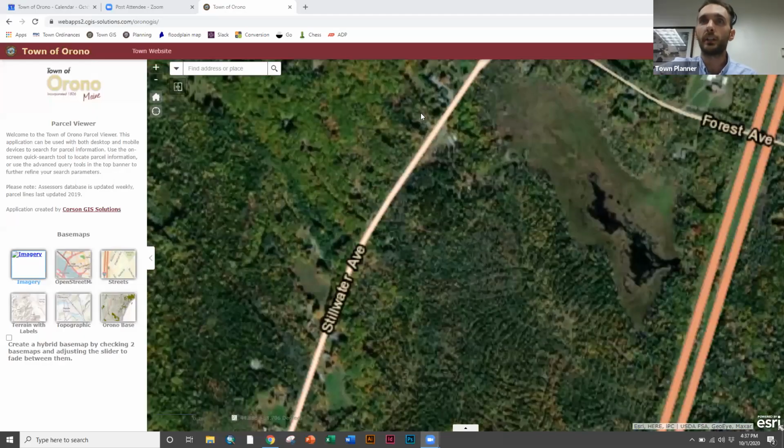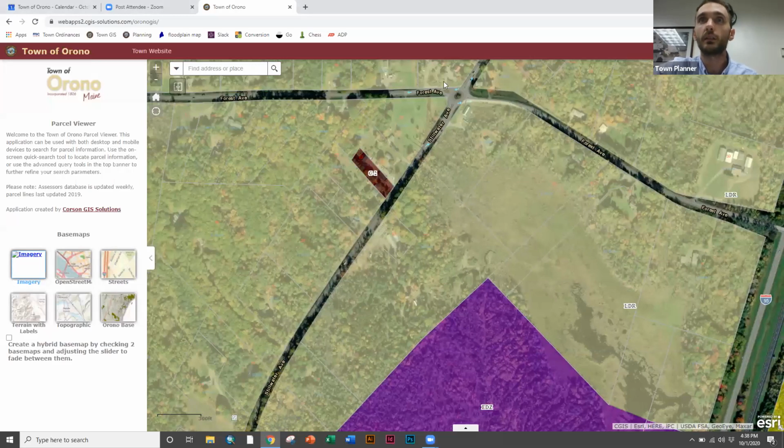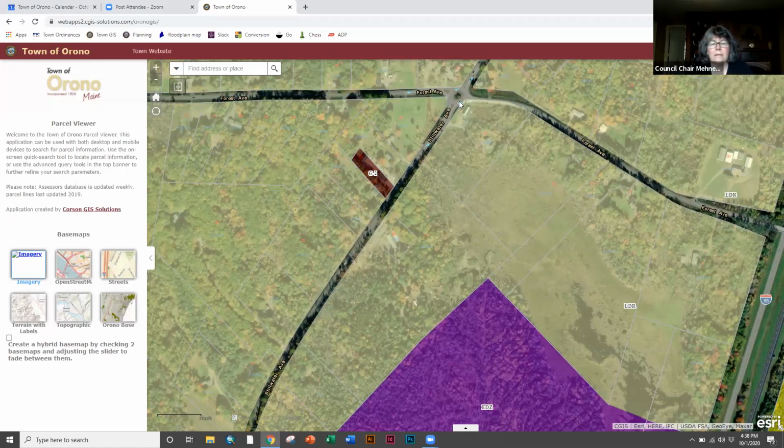So if you look here, here's Forest. Okay, so can people see my cursor? Yes. Okay, so Forest Ave, the little roundabout here, it would be this part of the lot down here.